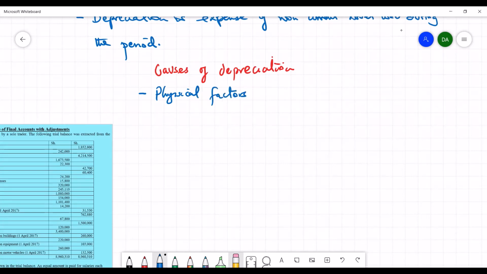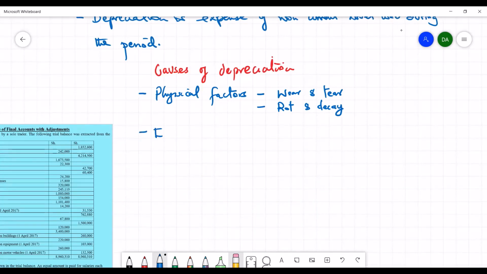Physical factors here include wear and tear. The assets may suffer physical damage and wear and tear. It may have rot and decay, may decay away or it may rot.